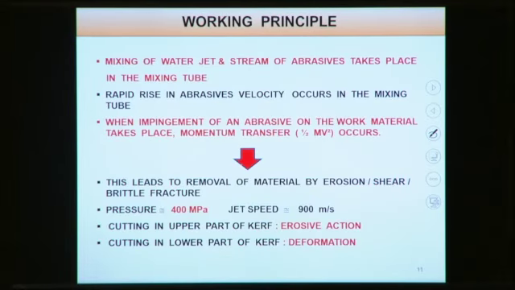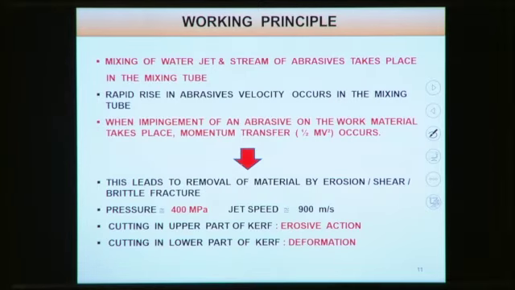So what is the working principle here? In the abrasive water jet machining process, the abrasives come from the side of the nozzle, and at the center of the nozzle the water jet comes with a very high velocity. Around 400 megapascal pressure is generated from a pump.